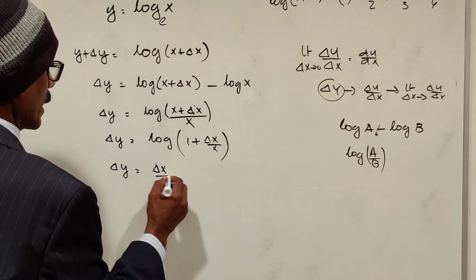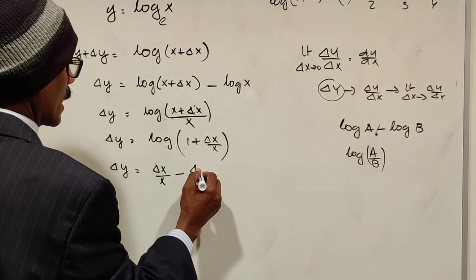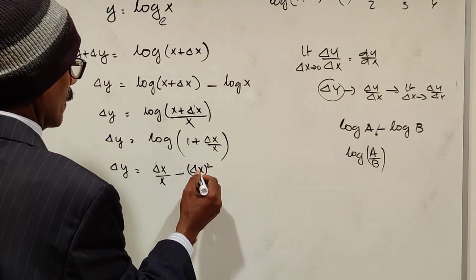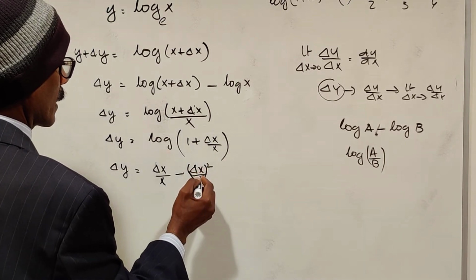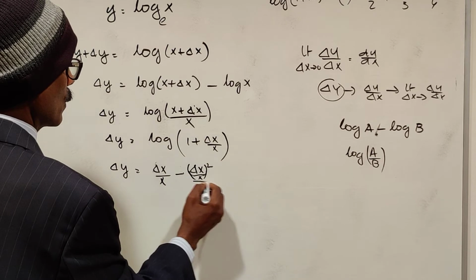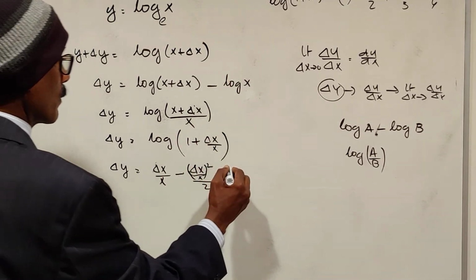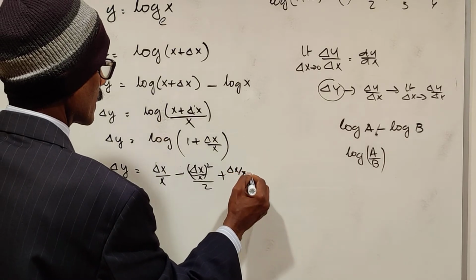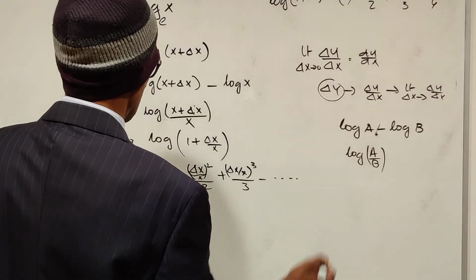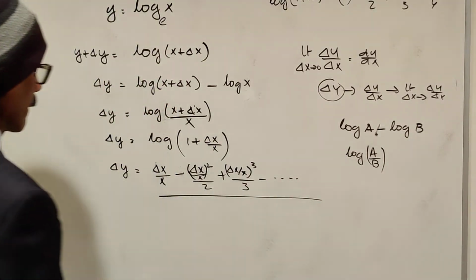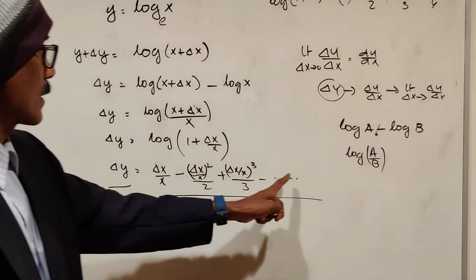Delta x by x minus x square by 2, delta x by x the whole square by 2, plus x cube by 3, delta x by x the whole cube by 3, minus etc. That is log of 1 plus delta x by x.